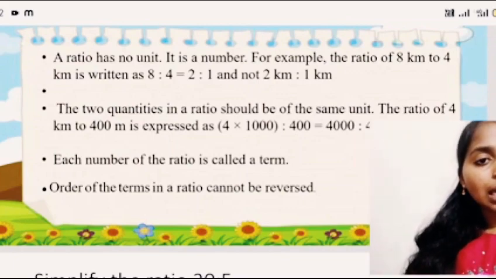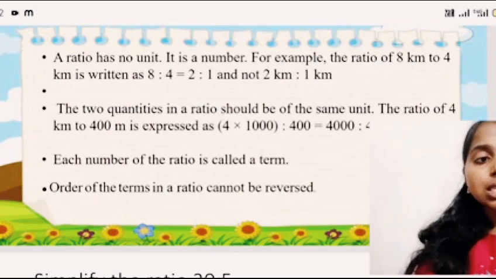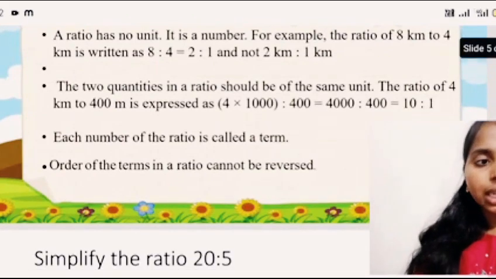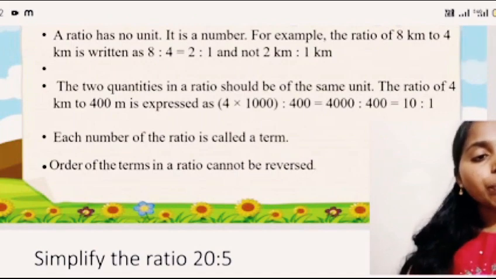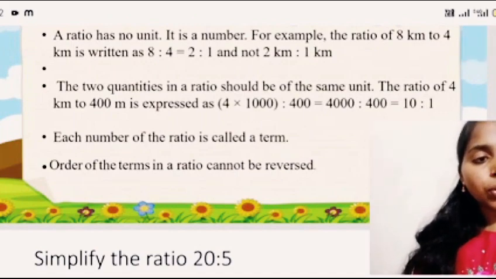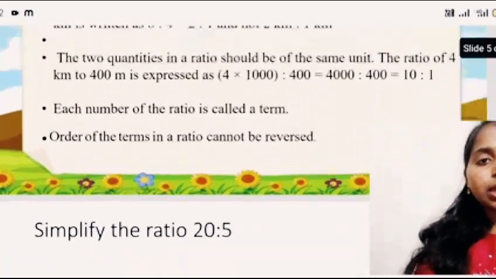So we divide 8 by 4, then we get 2, and we divide 4 by 4, then we get 1. Then 8:4 is also written as 2:1. We already learned a ratio is always written in the simplest form. So 2:1 is the simplest form of 8:4.